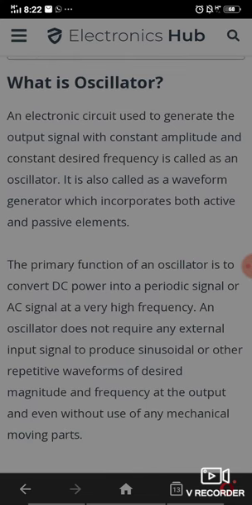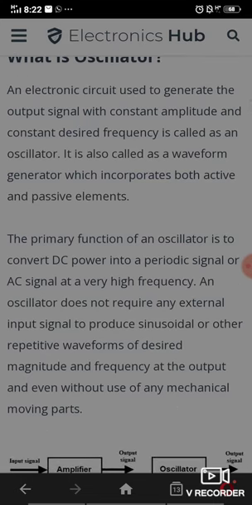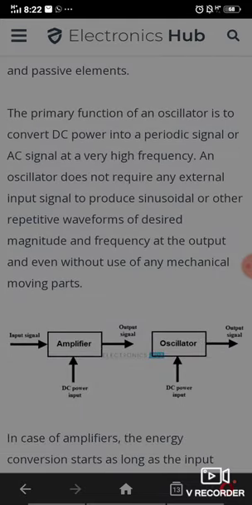The primary function of an oscillator is to convert DC power into a periodic AC signal at a very high frequency. An oscillator does not require any external input signal to produce sinusoidal or other waveforms of desired amplitude and frequency at the output, and even without the use of any mechanical moving part.